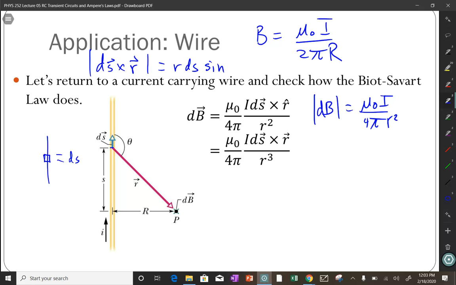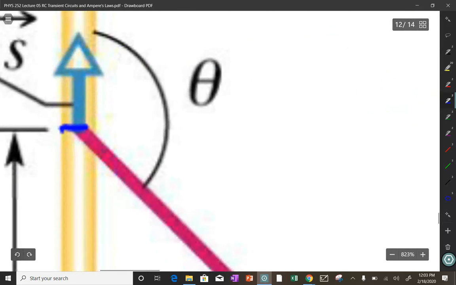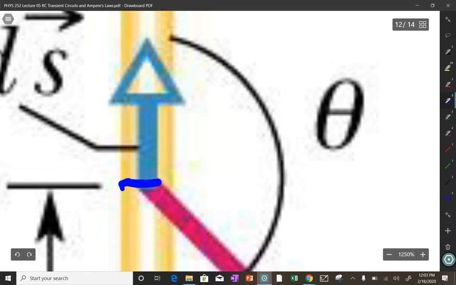Maybe the picture's just not clear enough, but it's just a green upward arrow. The stuff around it is the wire, not part of the ds. The vertical arrow is the ds, and the yellow stuff is not part of it.